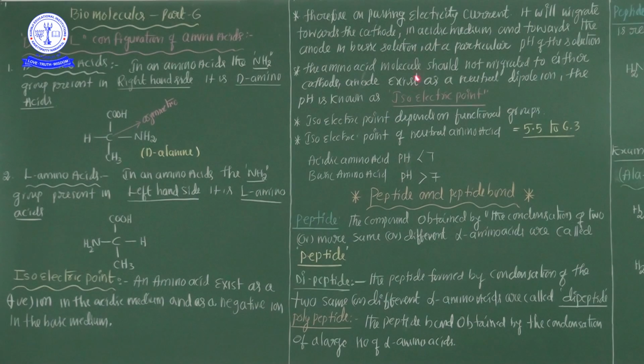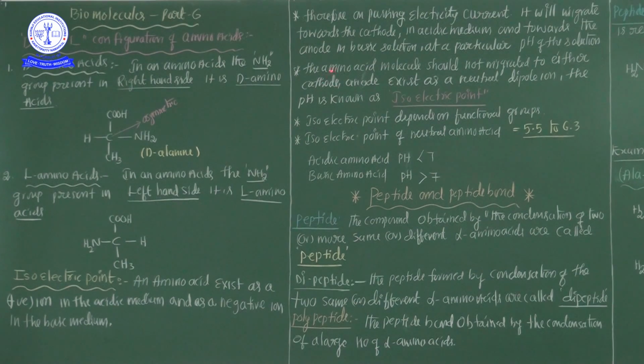So when an amino acid in an aqueous solution conducts electricity, in acidic medium it migrates to the cathode side and in basic medium to the anode side, at a particular pH of the solution.